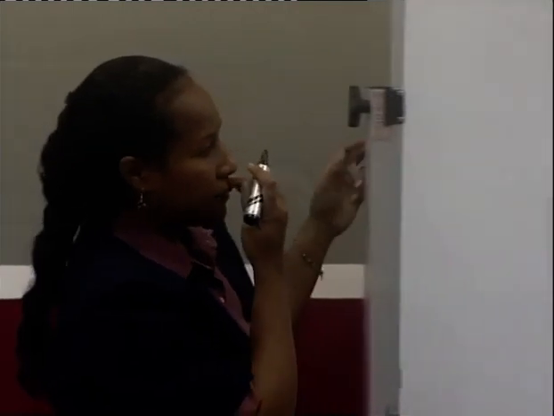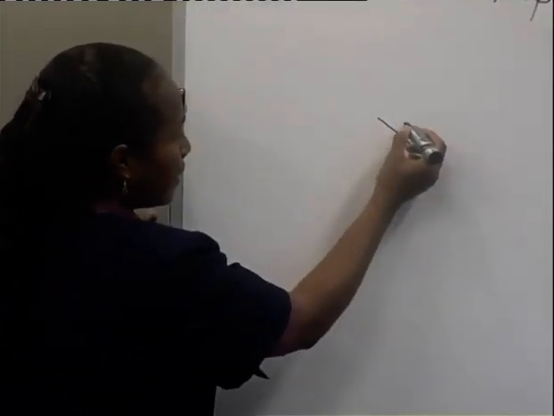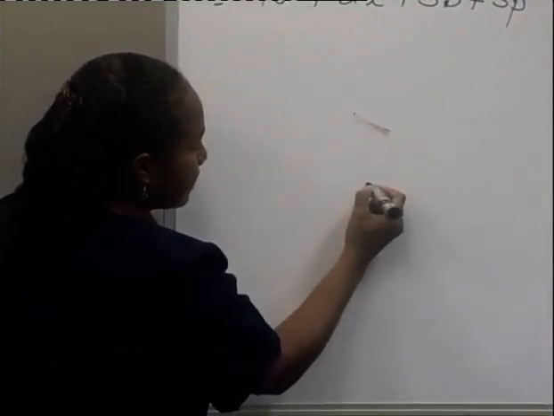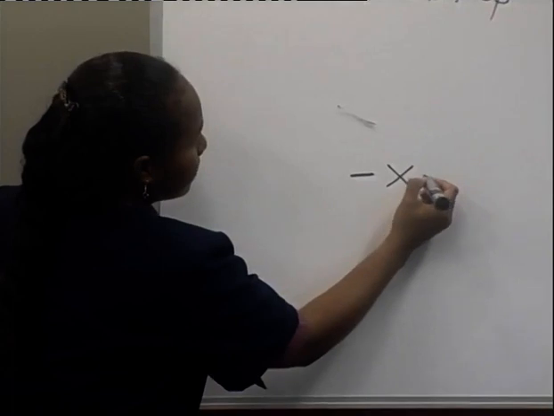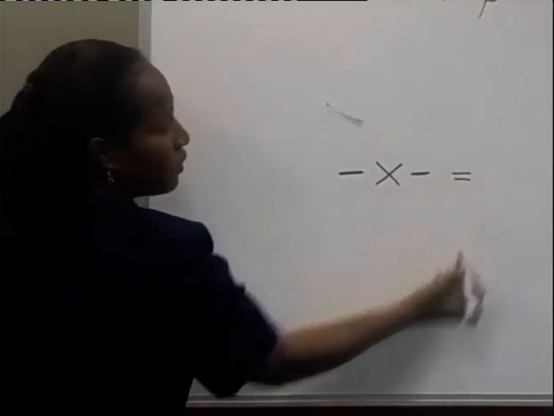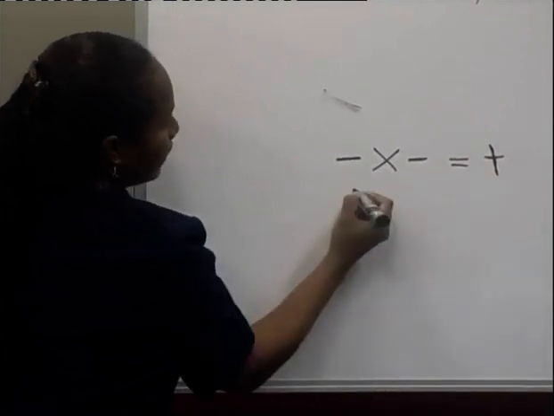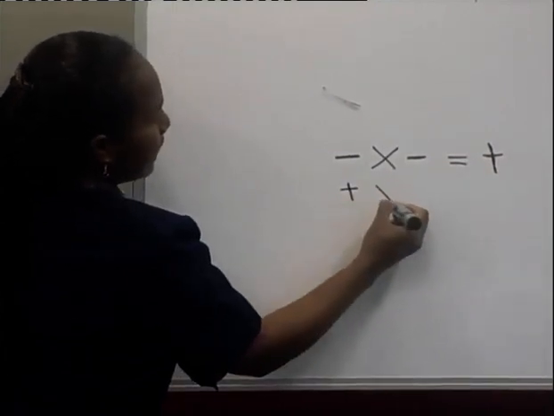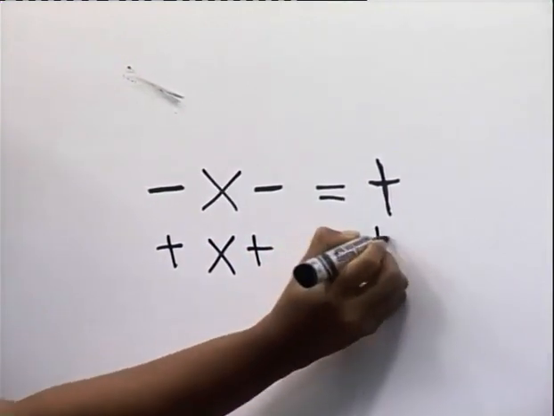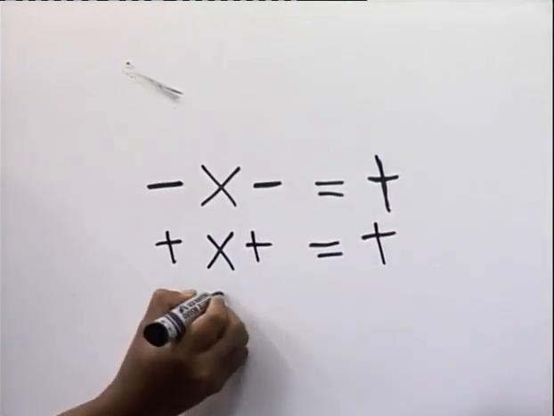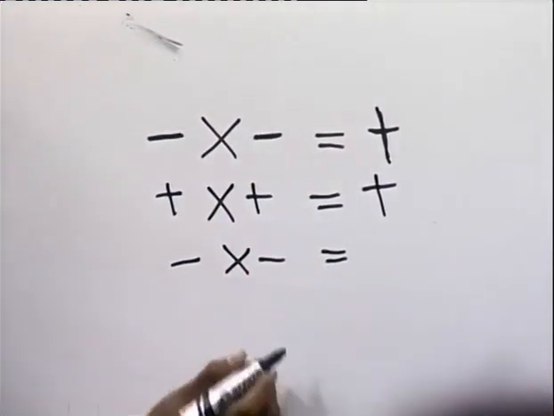All right. So, may I have your attention? Let's have a look here. Negative number times a negative number, your answer will be positive, right? And if you have a positive number times a positive number, your answer will be positive.